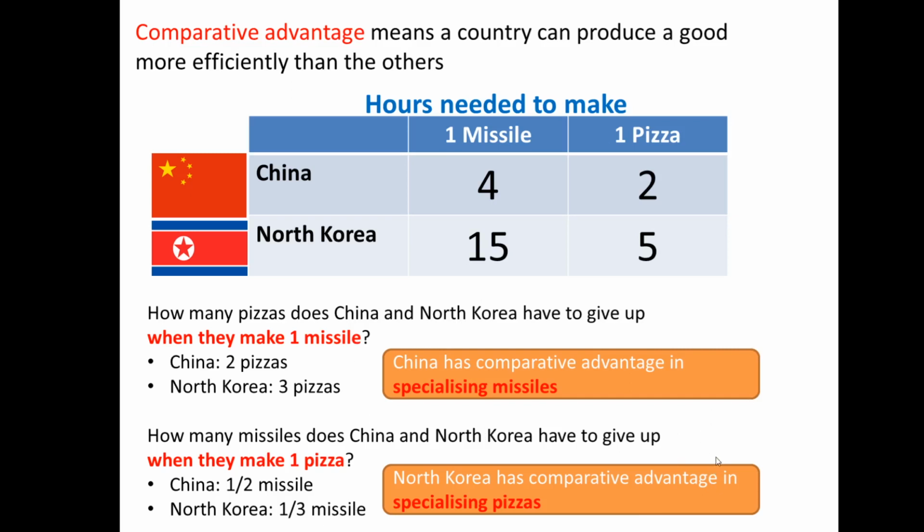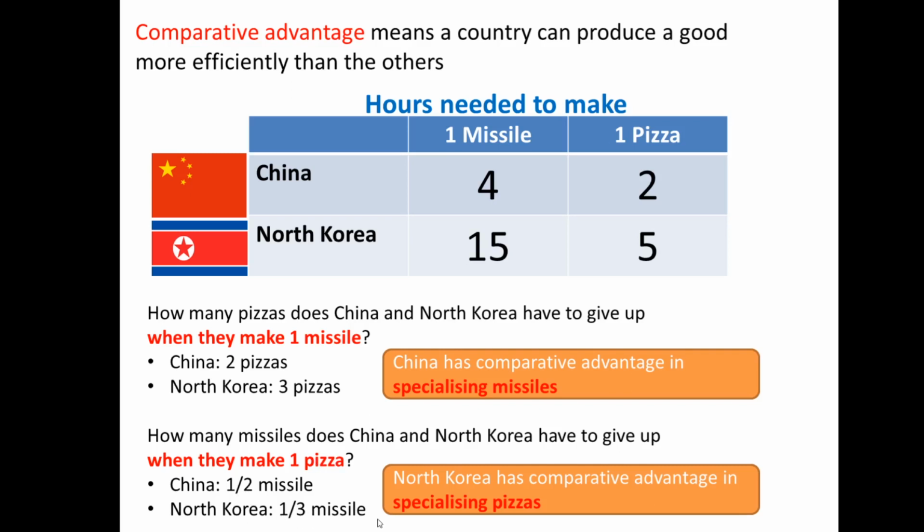Do you guys get it? Think about it. If you only produce domestically, then you are going to miss out on the benefit. But if you decide to trade with the other country, then you will gain because of the comparative advantage that you have. Is it clear? Talking about making pizza, if you are not trading, you have to give up 1/3 of the missile.